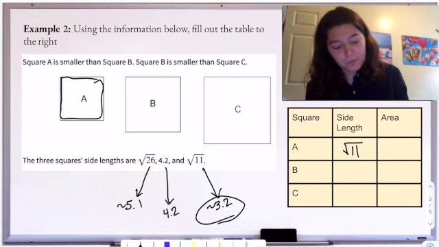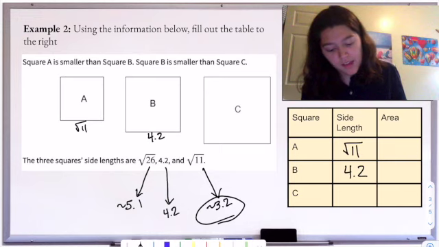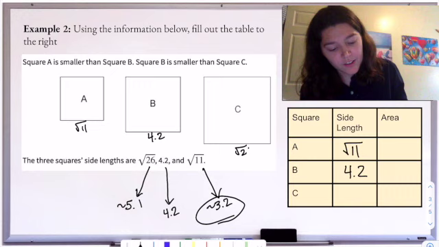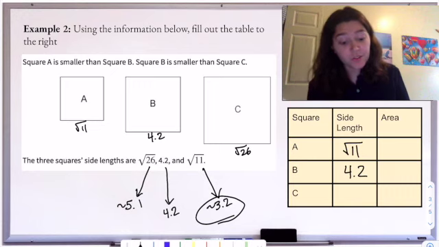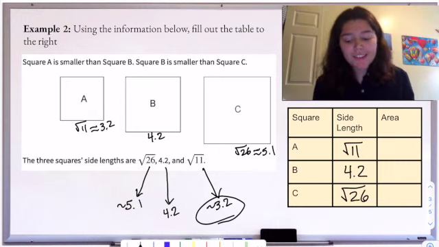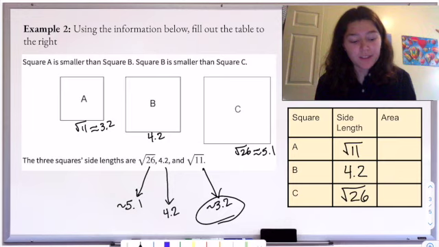So square B has a side length of 4.2. And then the biggest would be square C. That's going to have a side length of the square root of 26, which is about 5.1. Okay, so those are the side lengths of these three squares.